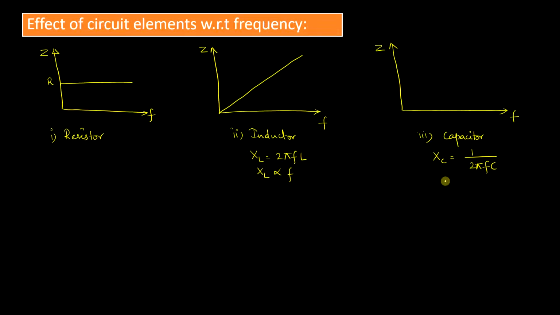That is because Xc is inversely proportional to frequency. So when I draw the graph, you can see for lower frequencies, capacitive reactance is higher, and for higher frequencies it is lower.